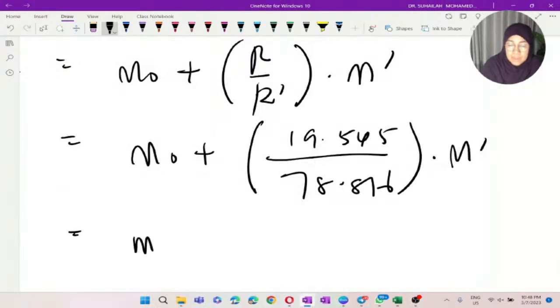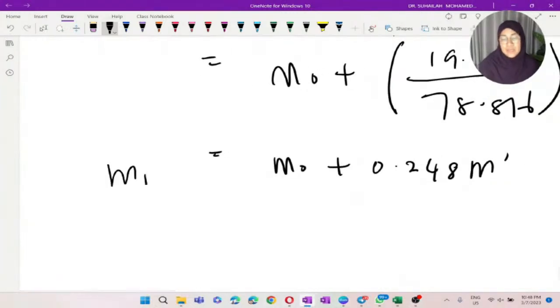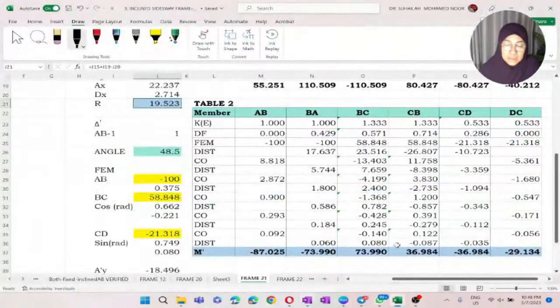So this is M naught plus 19.545 divided by 78.816. We get 0.248 M prime. So this is actually the final equation which we derive from the principle of superposition.